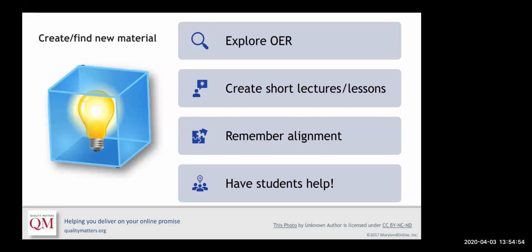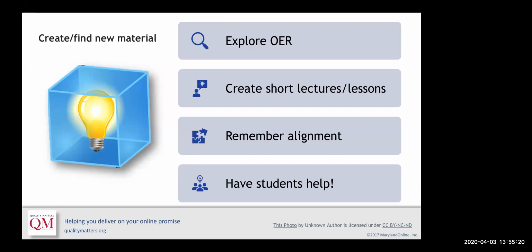So remember also alignment. What materials do students need in order to do well on assignments? You may find that they actually have all the information they need in their textbooks or other types of handouts or materials that they may have already gotten during the first part of the term. So you may want to refocus your time, and instead of focusing on lecture, you may instead be focusing more on feedback or connecting with students in other ways.